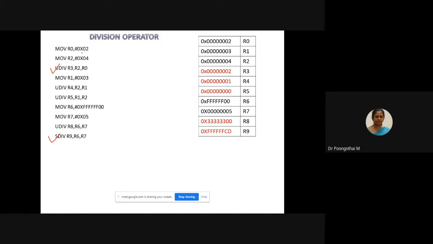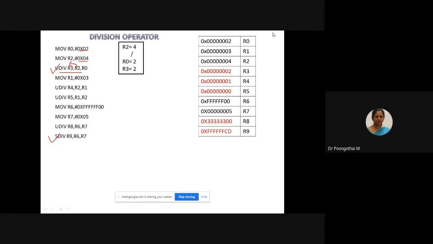So first your R0 is loaded with 2 and R2 is loaded with 4. I'm going to divide R2 by R0. This instruction divides the value in R2 by the value in R1 and puts the quotient in the R3 register. So 4 divided by 2, your answer will be 2.